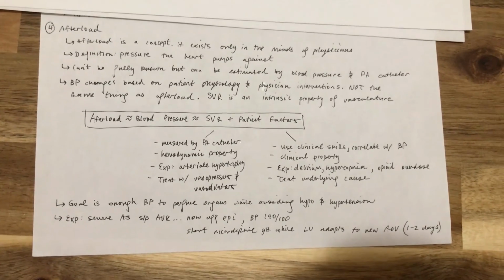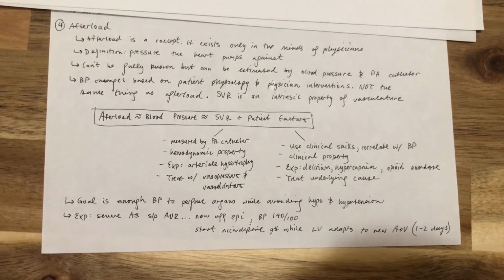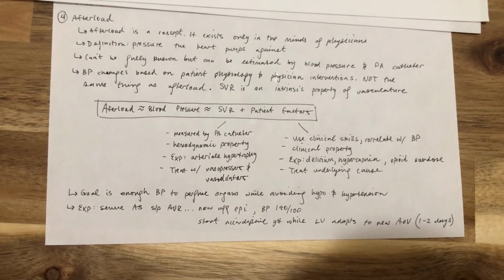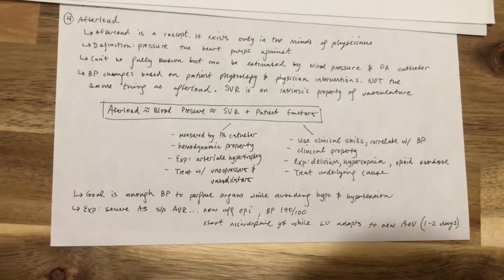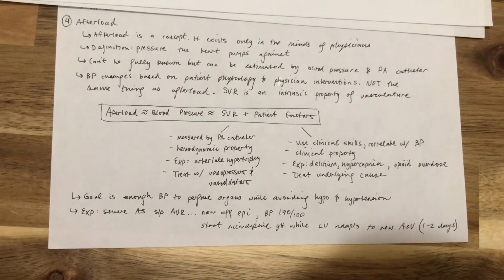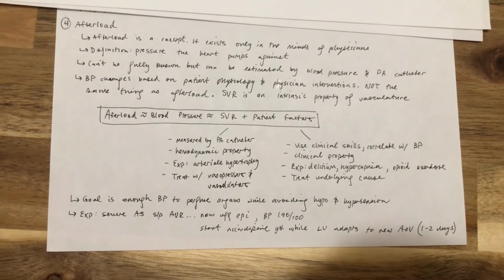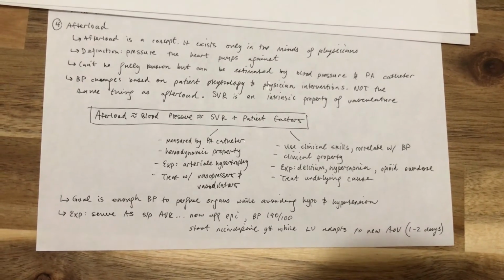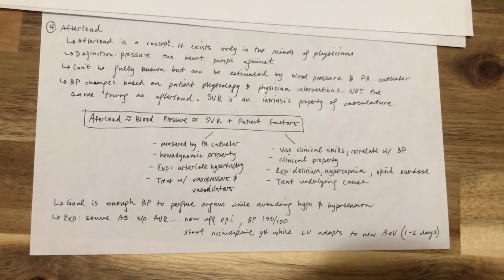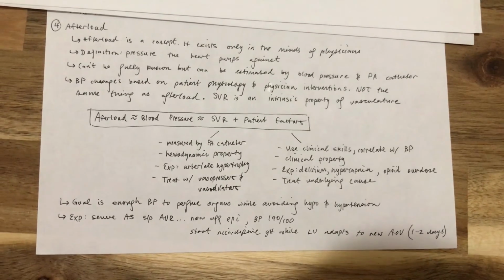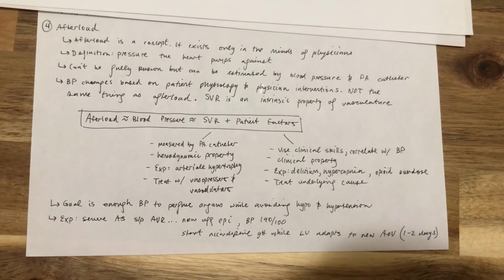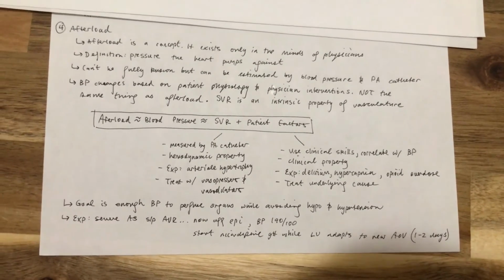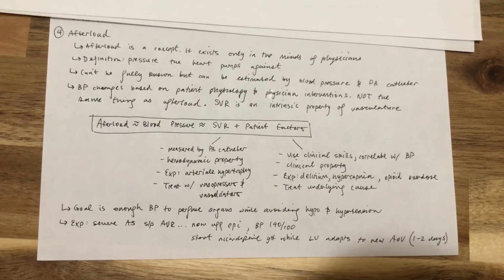Is it a patient factor that I need to deal with, or is this a hemodynamic property of the actual blood vessels themselves? And very simply, the goal is enough blood pressure to perfuse organs. We don't want hypotension because the patient will go into shock, and we don't want hypertension because that will cause hypertensive cardiovascular disease.